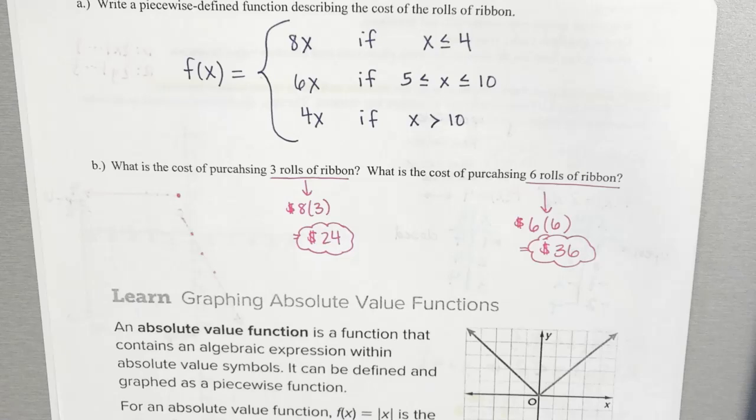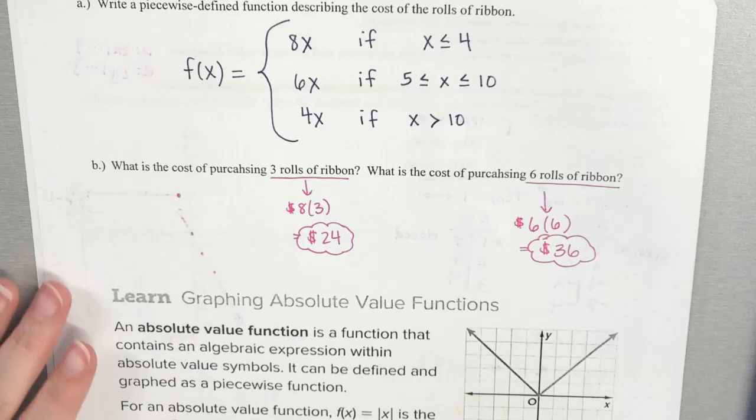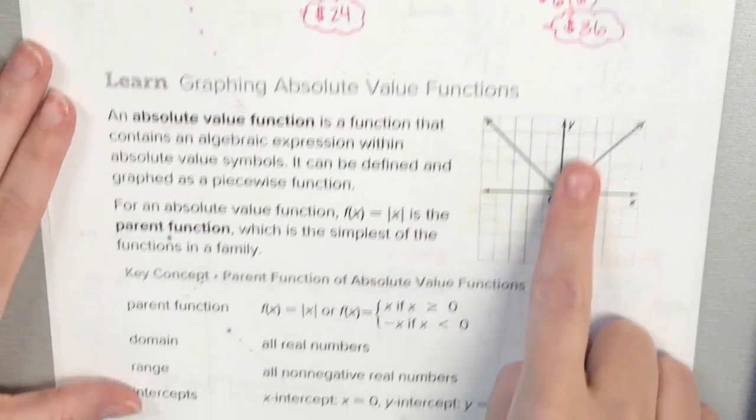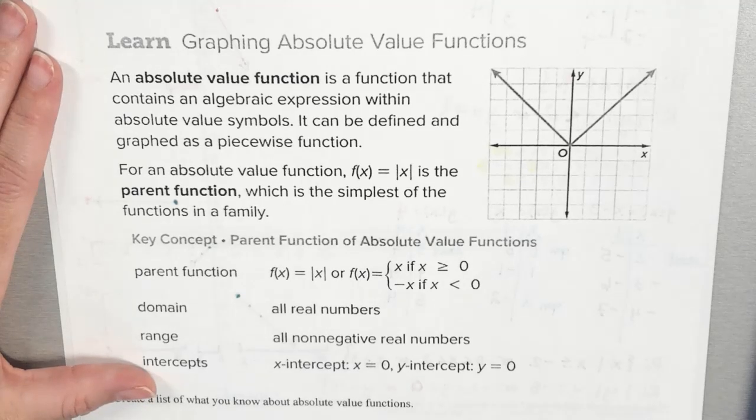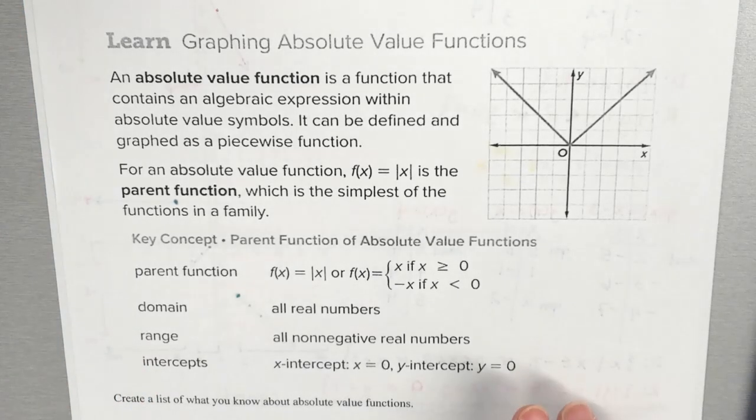Okay, some of you may remember how to graph absolute value functions from Algebra 1. Does this shape of a function look familiar to you for absolute value? The V shape? Some of you are looking at me blankly, so I'm going to assume that no, we need a refresher on this.